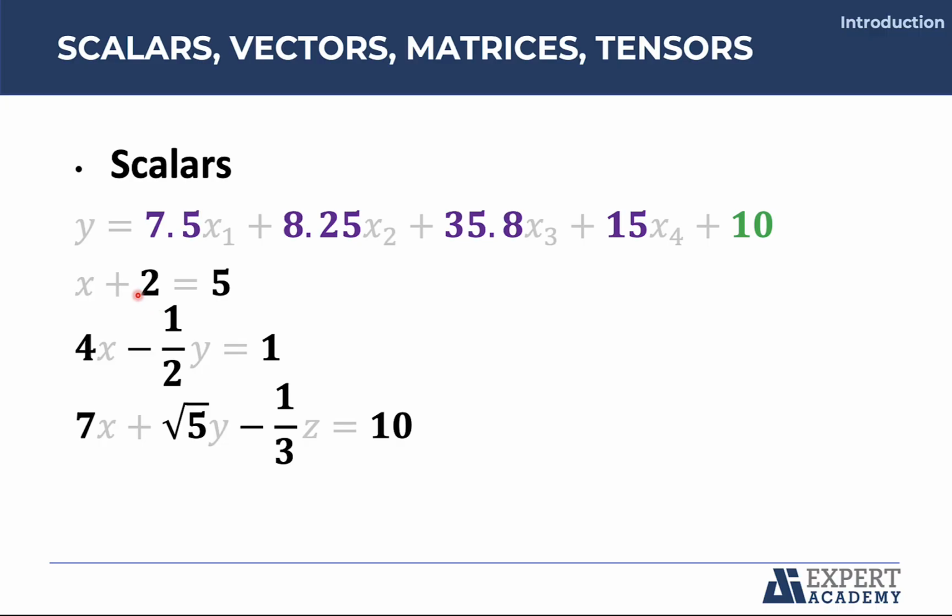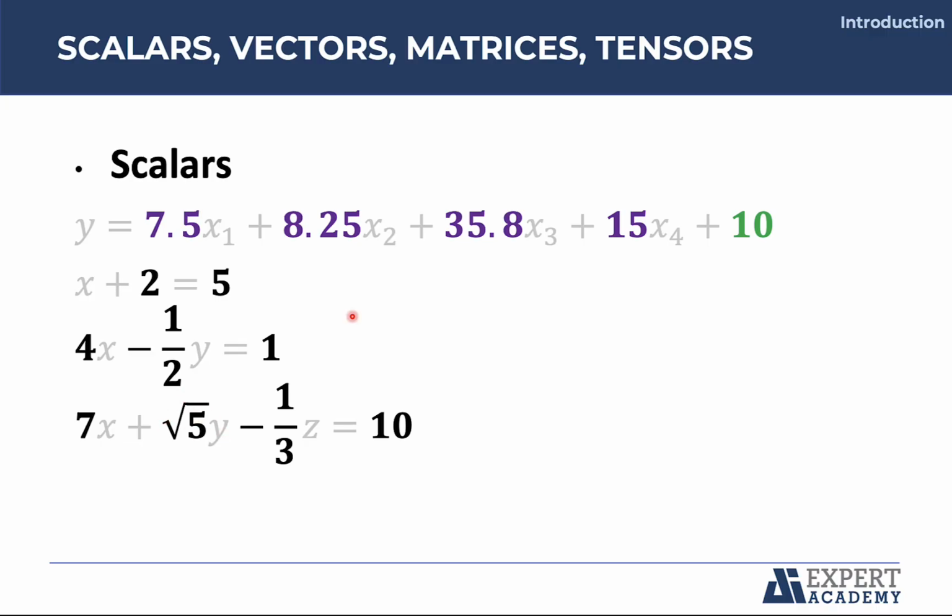For example, number 2, number 5, minus 1 divided by 2, and so on. Note that any real number can be a scalar, such as integers, negatives, fractions, roots, and so on.